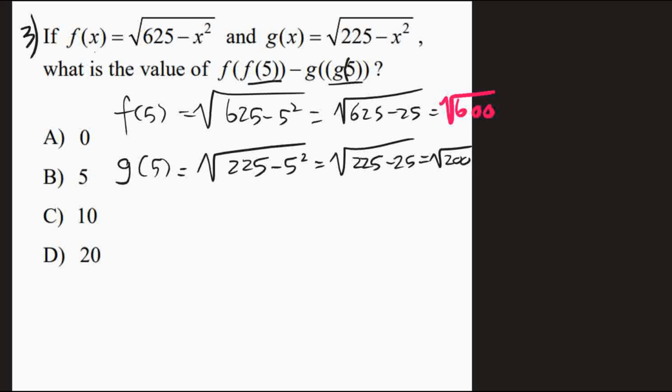So this is g(5). Now we have to count f(5) minus g(5). Then this equals the square root of 600 minus the square root of 200.